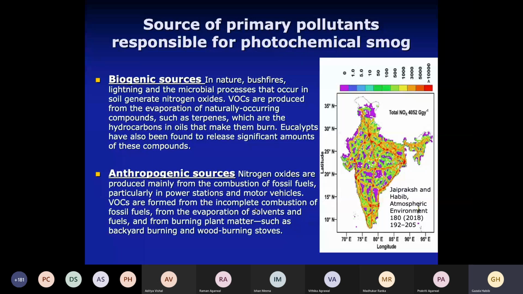So there was one campaign in the 1990s, which is known as the Indian Ocean Experiment, Indo-X.